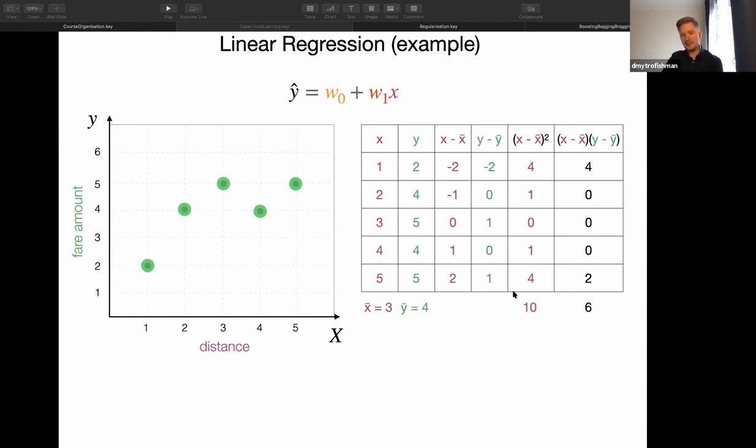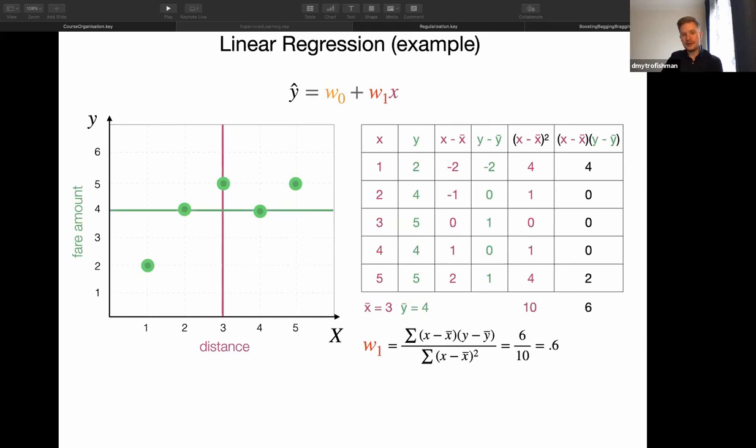What I know from literature is that W1 equals this ratio, 6 divided by 10. So this is how we find the slope of the line. So W1 is 0.6.